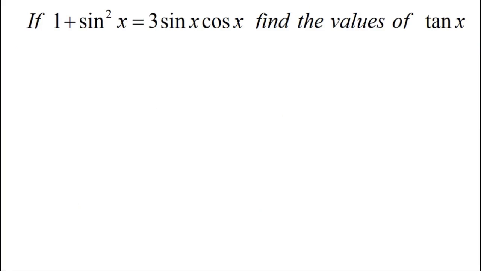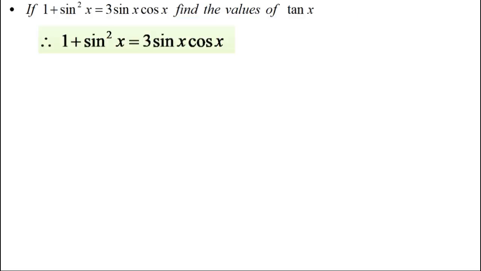The next problem is: if 1 plus sin square x equals 3 sin x into cos x, then find the values of tan x. Here it is given 1 plus sin square x equals 3 sin x into cos x. Now we know sin square x plus cos square x equals 1.